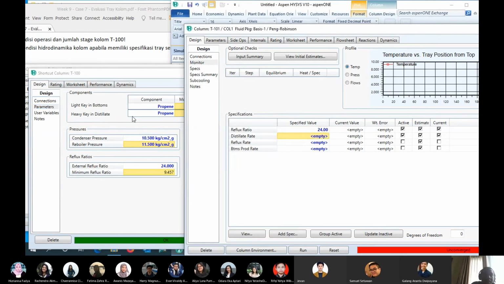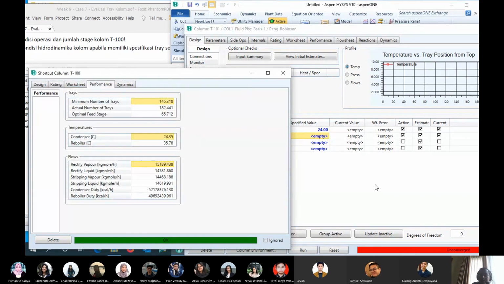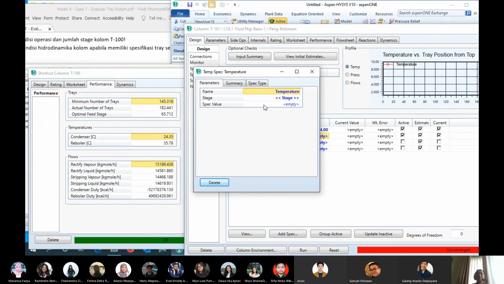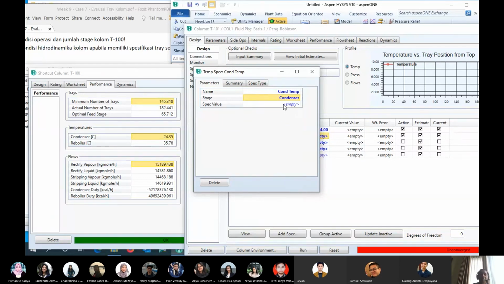Yeah, and then in order to allow me to set the condenser temperature, I will add spec column temperature. I will add spec. Yeah, for example, condenser temperature located in the stage of the condenser. Yeah, the value it will be 24.35.